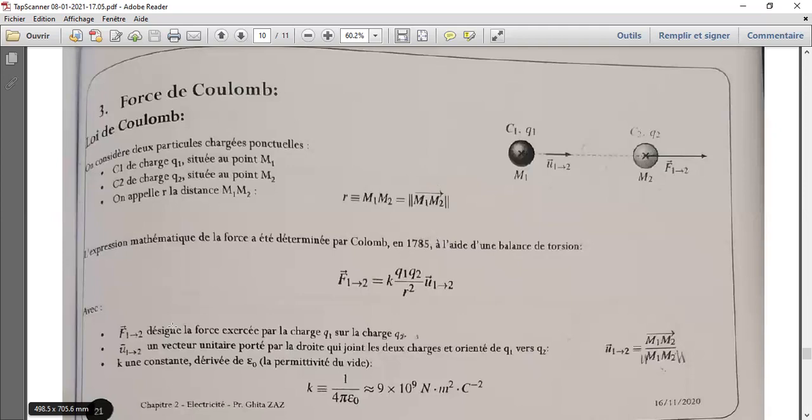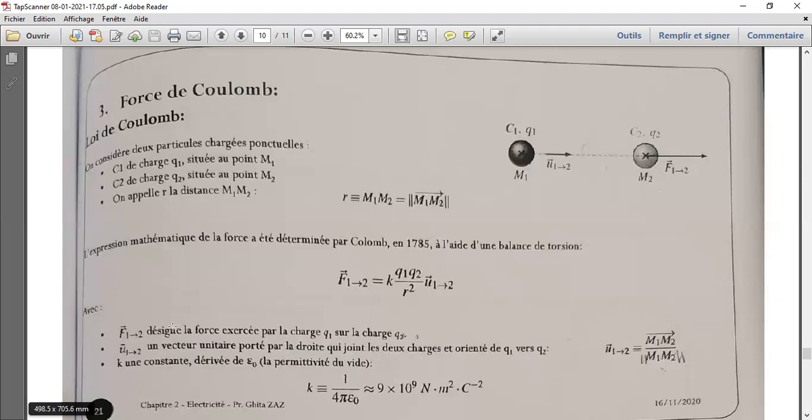When I say exerted, in French it is exercer, and in English it is exerted. When I say exerted, it means cause.